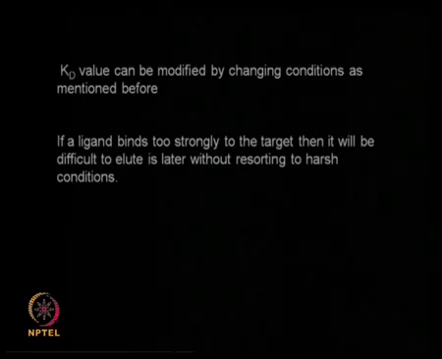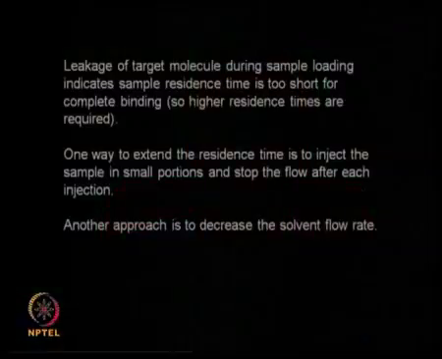And if you use a very harsh condition, you may deactivate the protein, or the protein may get unfolded, it may lose its activity. So you need to keep that point in mind. So basically you are talking about how strong the binding is so that there is no leakage of the protein, vis-a-vis how easy it is to disrupt the protein which has been bound. So you need to play around these two values actually.